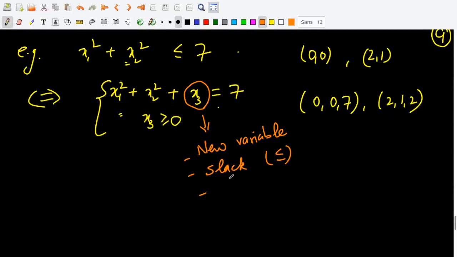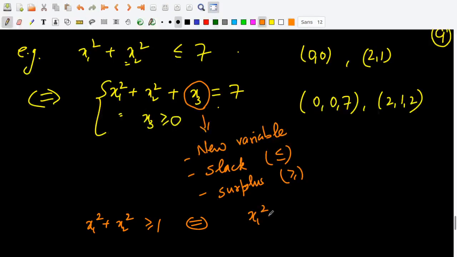If I have a greater than equal to constraint and I want to make it an equality constraint, then we take away a variable called a surplus variable. For example, I can rewrite this as minus x3 equal to 1, and I can even take 1 to the other side, and x3 is a surplus variable now.